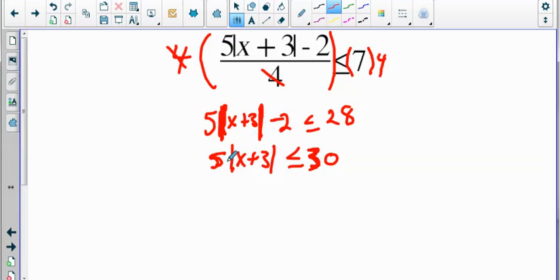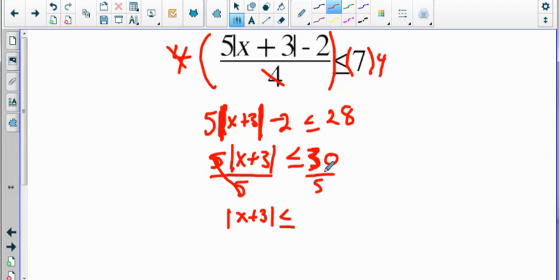We only have one thing left to get rid of here, and that is that 5. We got 5 times this whole thing here. How do you undo multiplication? You divide. And these cancel, and I end up with just the x plus 3. Okay? And if I divide this one by 5, I have to divide this one by 5.